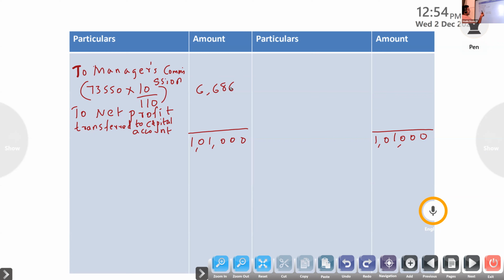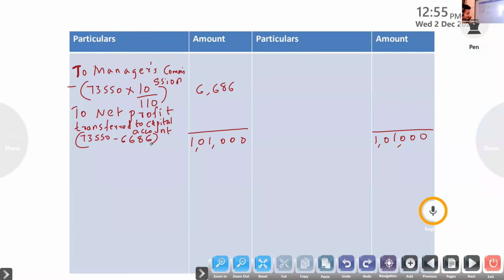So the net profit is very easy. Up to here we got 73,550.